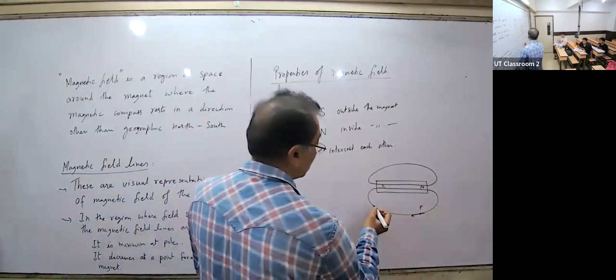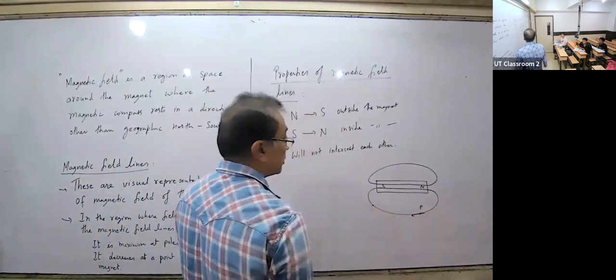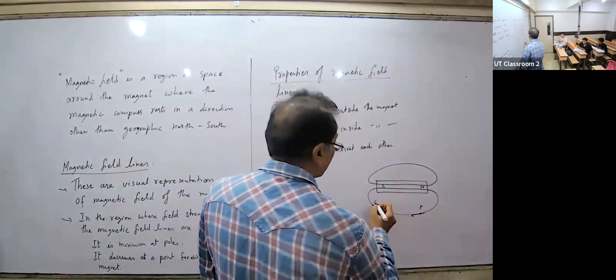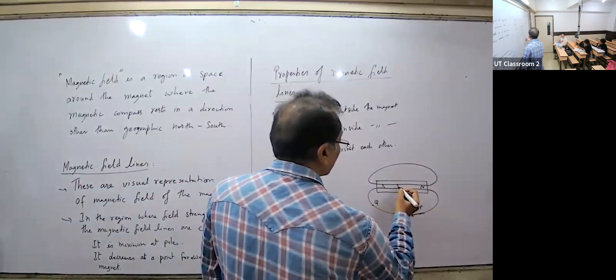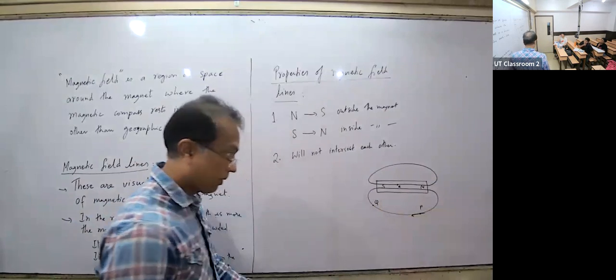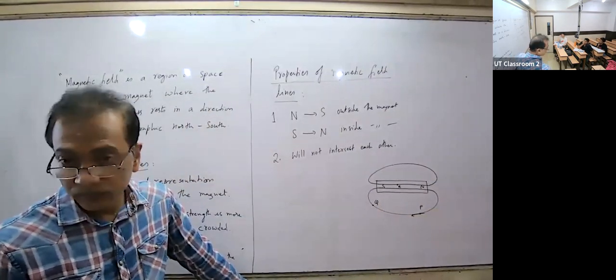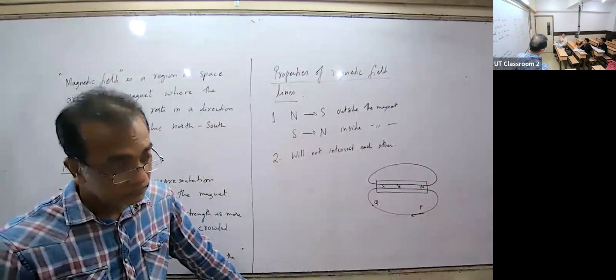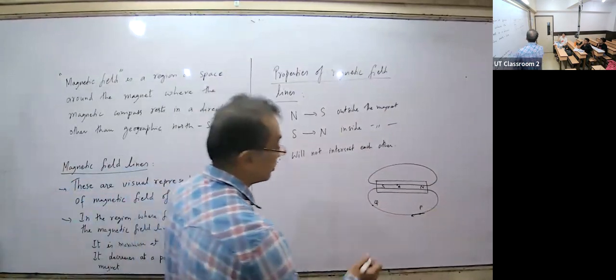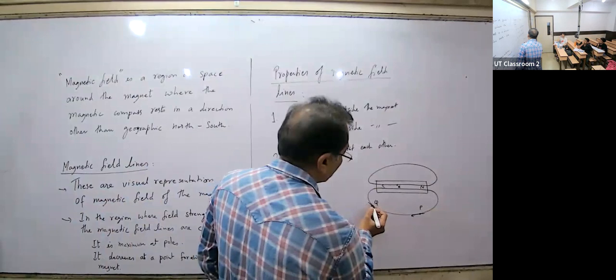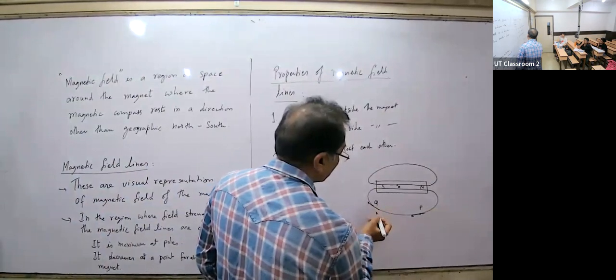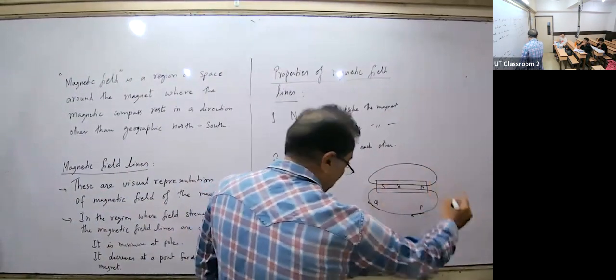So now let's say I take a point here. I take P, Q, and let's say I take a point R over here. Now tell me the direction. What will be the direction of magnetic field at point Q? Draw the tangent, north to south, as it is.